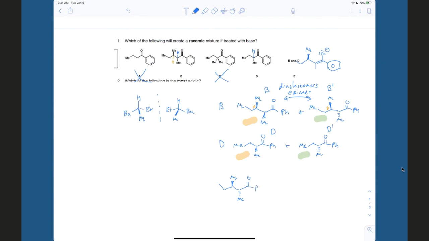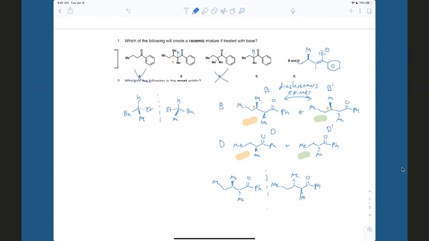So it would be this molecule and this molecule. These would end up being mirror images of each other. If you wanted to be more explicit, we can use our little RS nomenclature, if you guys want to practice that.